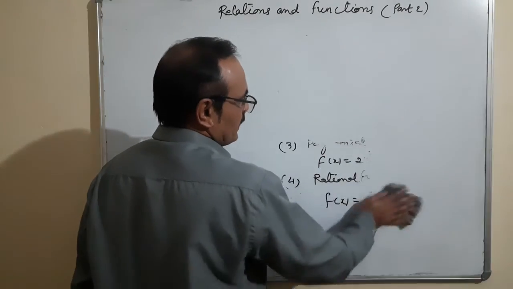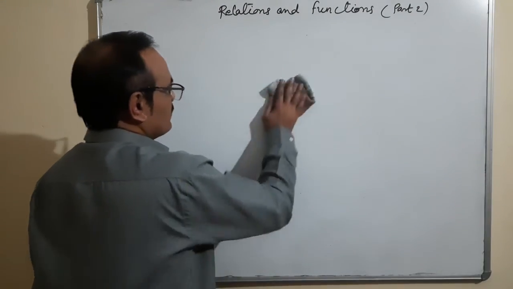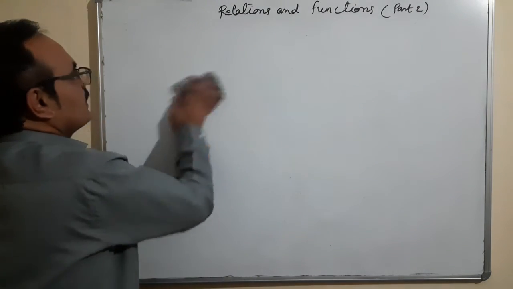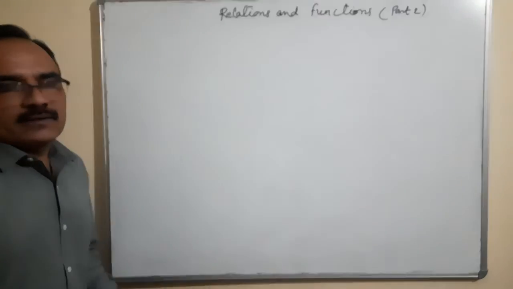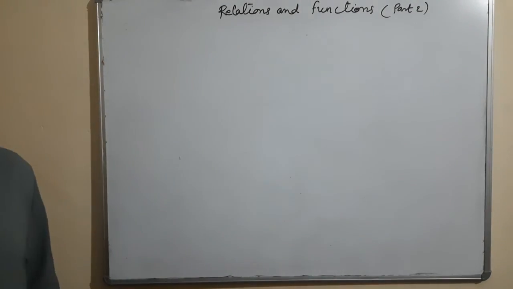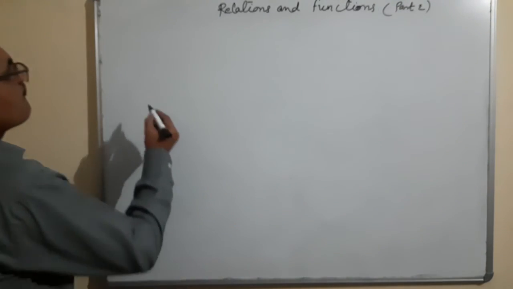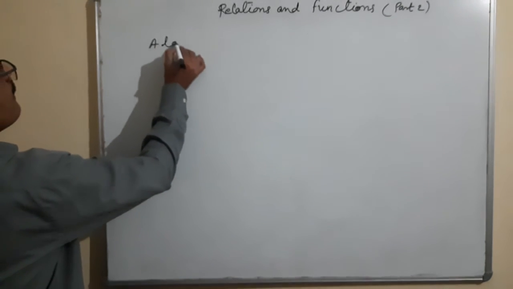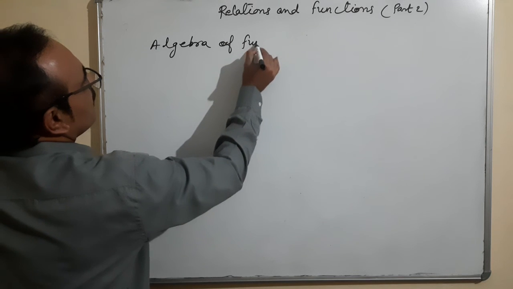After that we are coming to the algebra of functions, because functions are a different type of mathematics. So it's algebra. Let us see the addition, subtraction, multiplication, division. Algebra of functions.